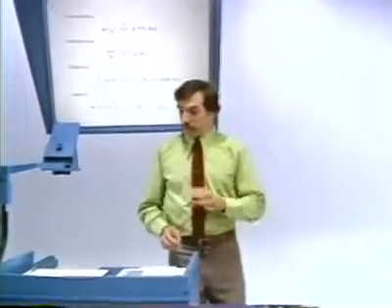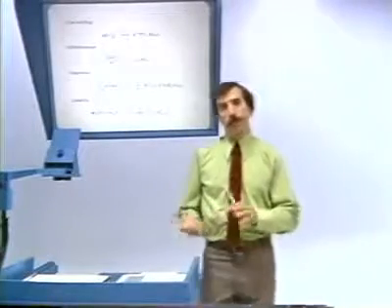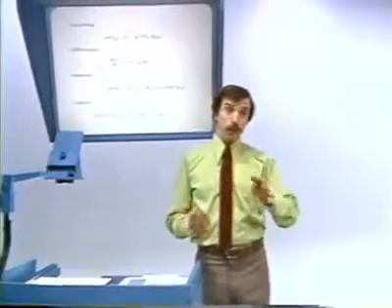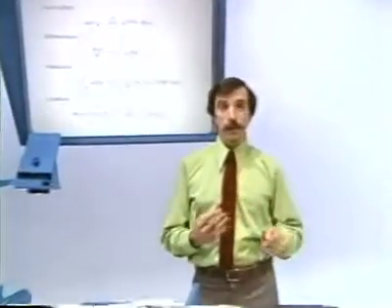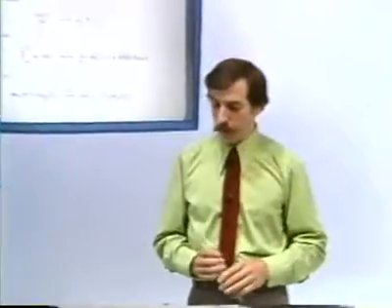Let me emphasize also that these properties, for the most part, apply both to Fourier series and Fourier transforms because, in fact, what we've done is to incorporate the Fourier series within the framework of the Fourier transform.